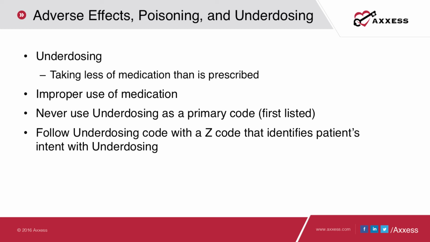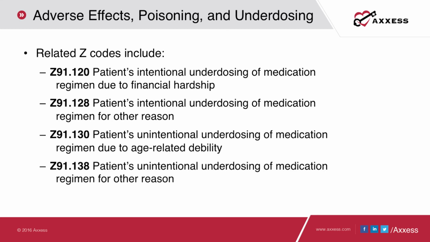And in ICD-10, there are Z codes that identify that the patient is taking this medication because they can't afford to take the medication as prescribed, for example. Those Z codes include Z91.120, patient's intentional underdosing of medication regimen due to financial hardship. You also have three other choices.